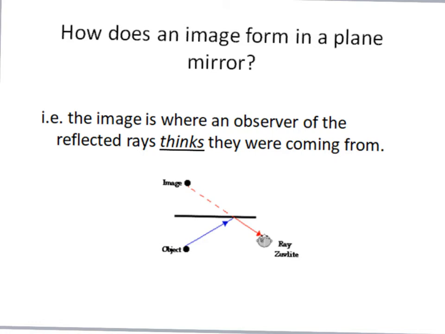And if you stare straight at the object and sort of visualize where it would be on the other side of the mirror, then that's what it means by the image is where the observer thinks they were coming from. So, for example, if I'm looking into my phone and I'm looking at my glasses on the desktop, then it actually appears as if the glasses are sitting behind the phone, or in my case, the mirror. You'll have to try it on your own to understand.